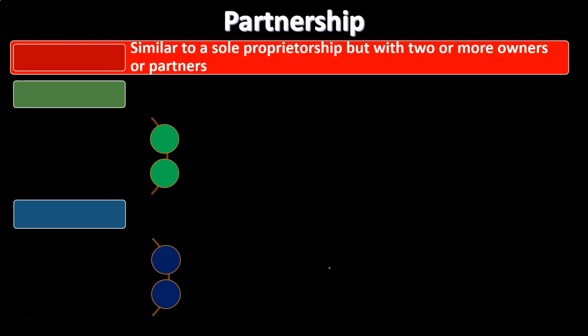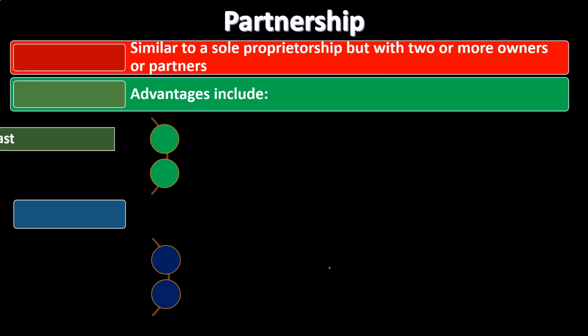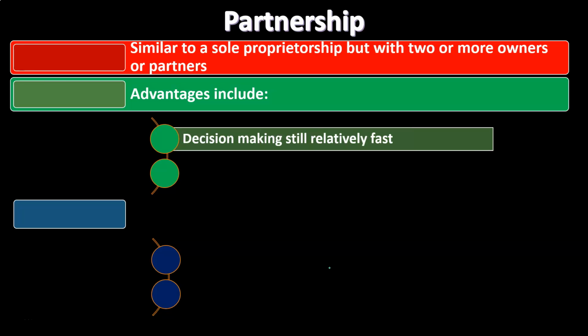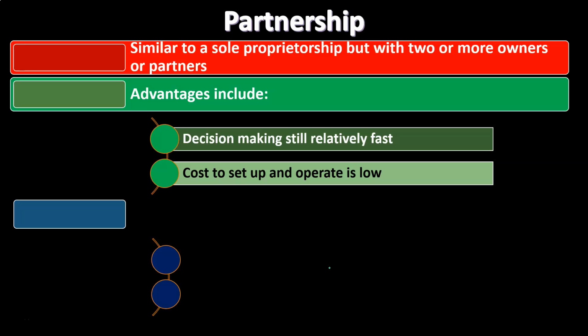It's going to be very similar to the sole proprietorship, but now you have two or more partners involved. So you can have some of the same kind of characterization. We have the advantages still including the decision-making process is still relatively fast, and the cost to set up and operate is still low. In other words, you can think of the partnership as basically being a sole proprietorship with two or more people.